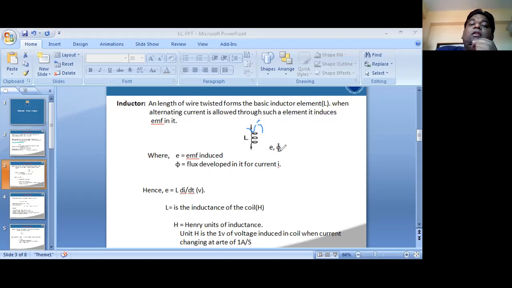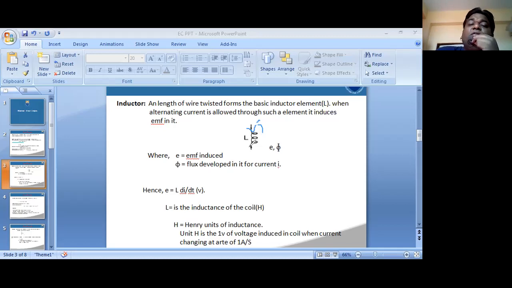Now according to Faraday's law of electromagnetic induction, if the inductor element experiences a change in flux, that is variable flux, then EMF E is induced in it. We shall see Faraday's law later.